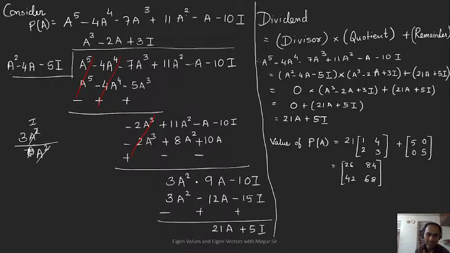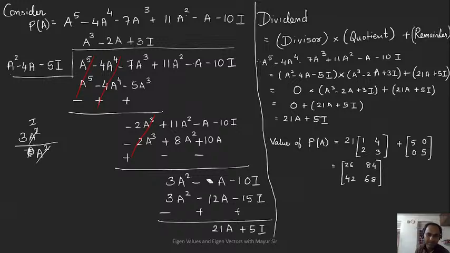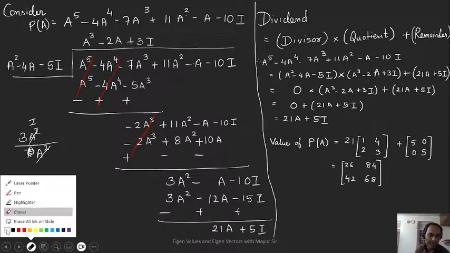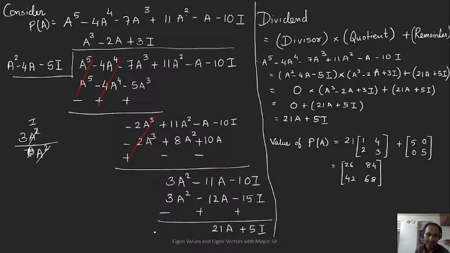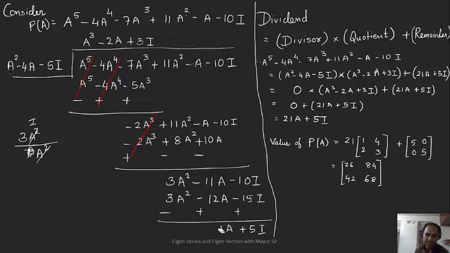So this is minus 11, and then erase this, and so this will become a plus 5.